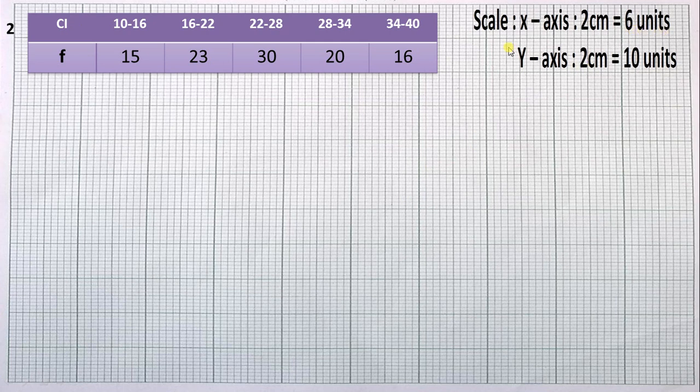On the y-axis, the least value is 15 and the highest value is 30. Let us fix the same scale, 2 centimeter is equal to 10 units. The major difference you have to note down here is that the class interval begins with 10. That means we cannot draw the rectangles from the origin. In such a case, from the origin to the first box, we should indicate a zigzag line.